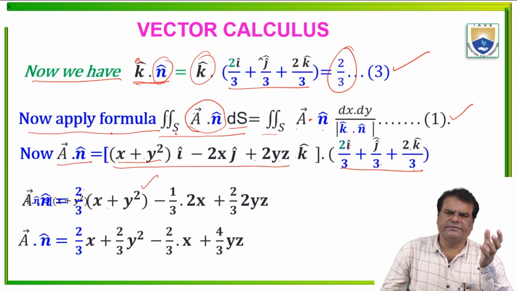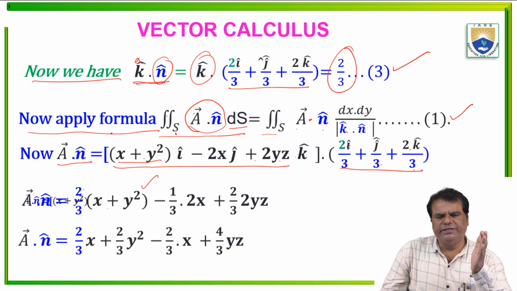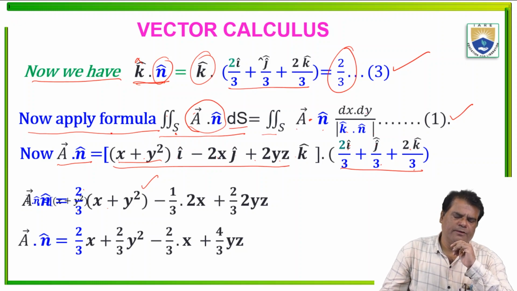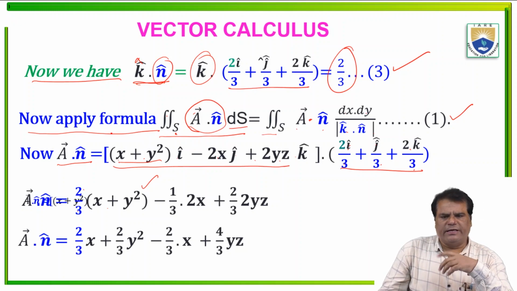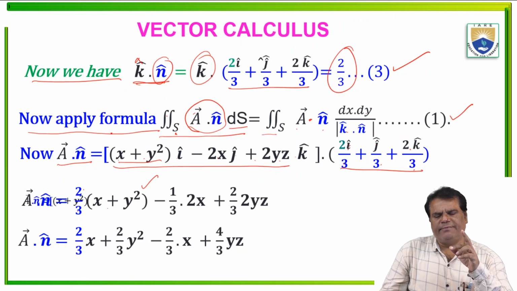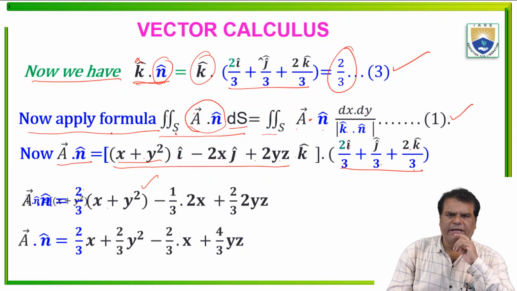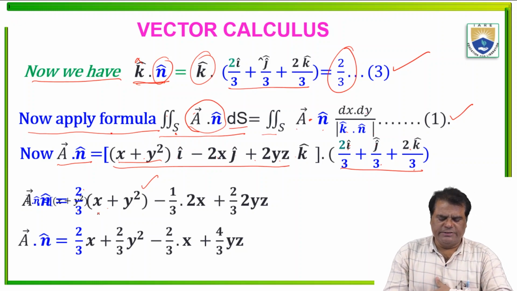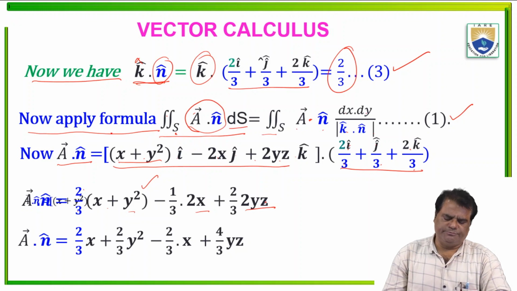For different vectors the product is 0: i into j is 0, i into k is 0, j into i is 0, j into k is 0, k into i is 0, k into j is 0. So the other dot products are 0, and only the same-vector dot product is 1. So we multiply the same vectors, i dot i, and we get 2 by 3 into (x plus y squared), minus 1 by 3 into 2x, and 2 by 3 into 2yz.